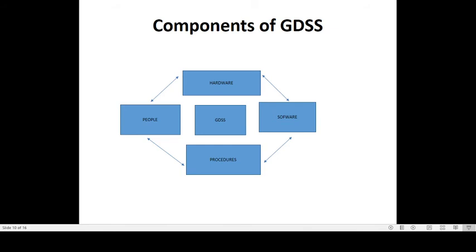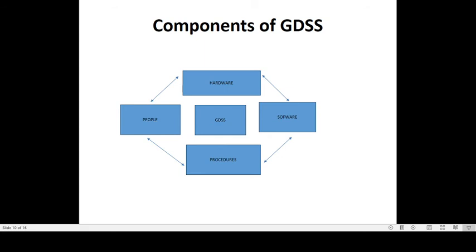It adds value to collaborative problem solving by providing tools for parallel communication, anonymous interaction, and automatic recording of the decisions. So parallel communication will be happening, interaction will be happening, and automatically the decisions will be recorded by the system.